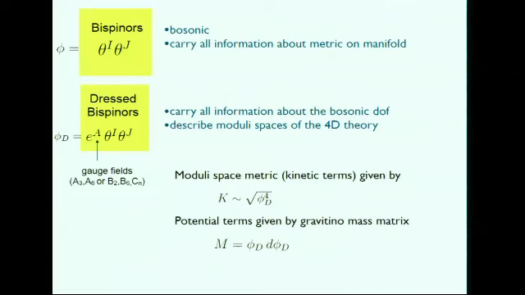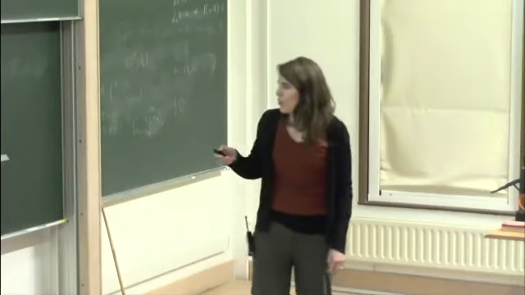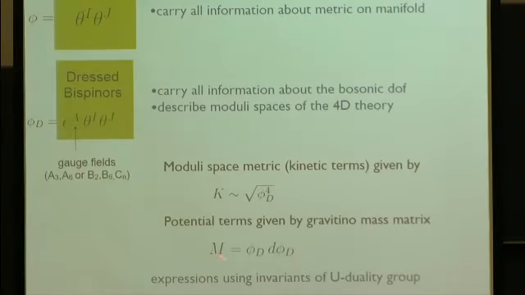Some invariant function of this phi dressed and then d phi dressed. So both of these are expressions that are invariant under the U-duality group. So in particular here, if this is an invariant of the U-duality group, then this is the same as the undressed one to the 4. So the kinetic terms, and the moduli space metric, don't depend on these gauge fields.